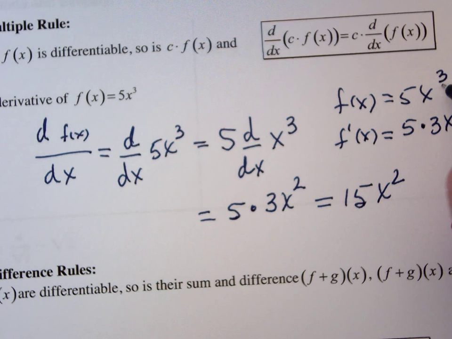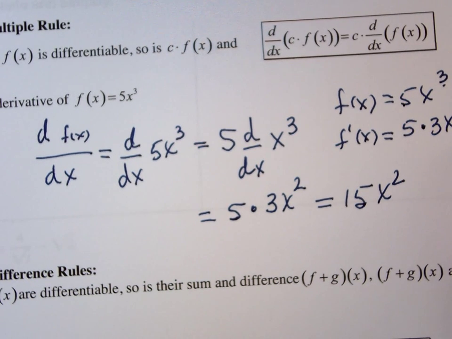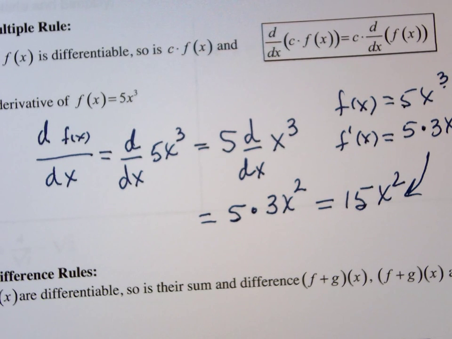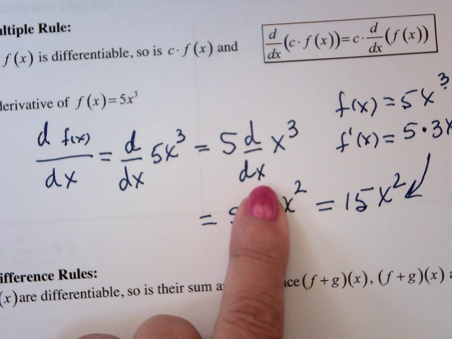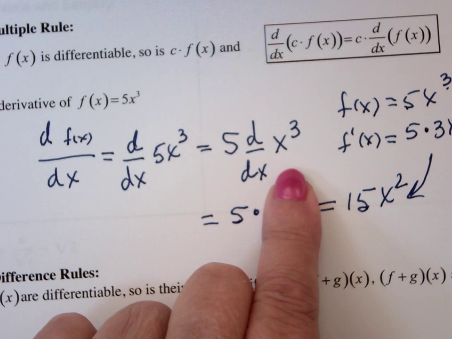You take the exponent times the coefficient and drop x by a power. Mathematically speaking, that's what you're doing. You're taking 5 times the derivative of x cubed.